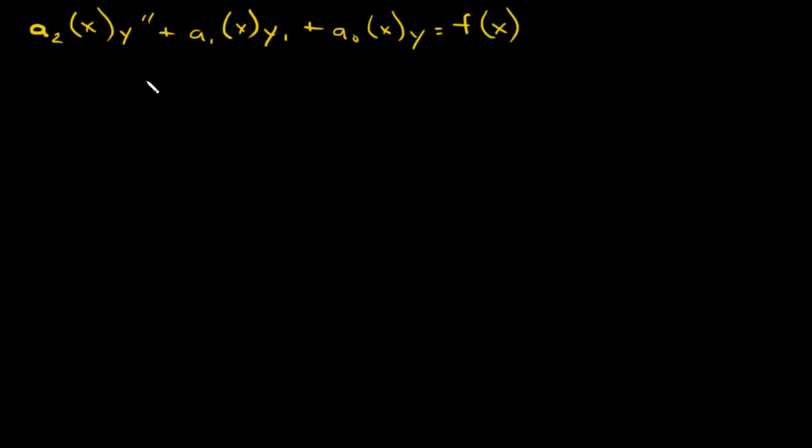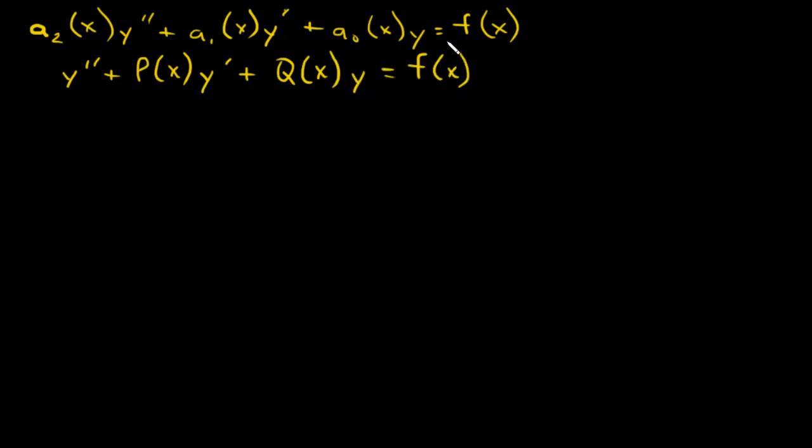Okay, I'm going to put it in standard form, so when I do that, I'm going to wind up with y double prime plus p of x y prime plus, we're going to call this q of x y equals some f of x. I guess I should have called that g of x up here, because I'm dividing by a2, which makes f of x.